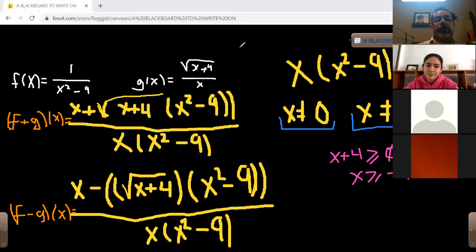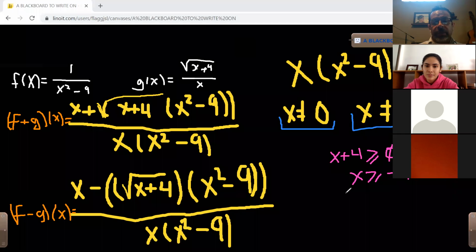Yes. So the complete domain for these functions would be from -4 to 0. This is going to be included. This is going to be excluded.